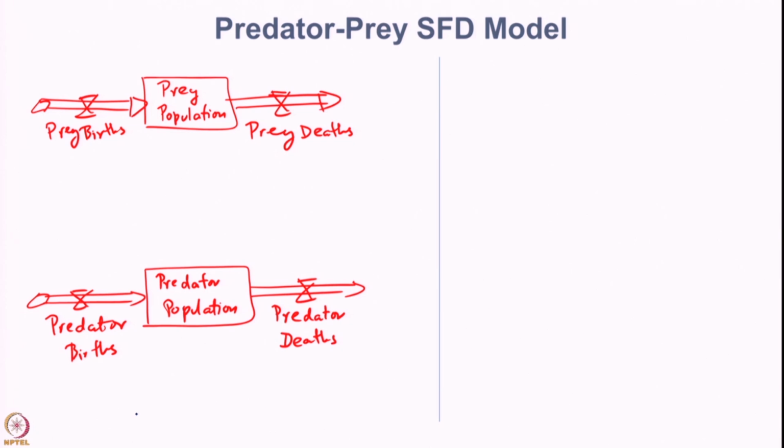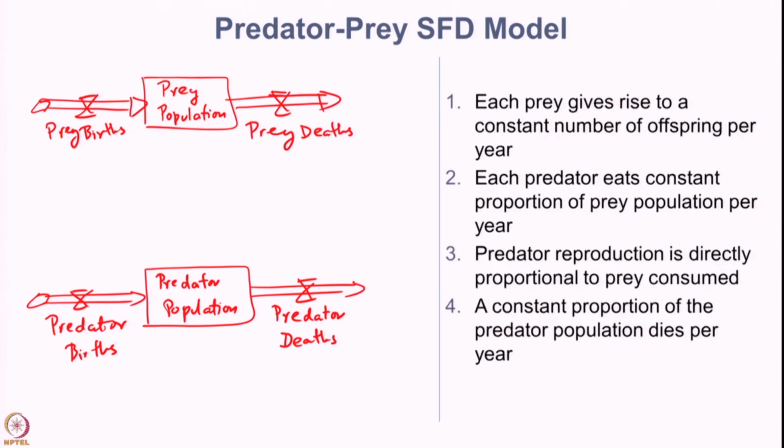Now, let us look at all the assumptions that we stated a couple of minutes ago. So, the first one, each prey gives rise to a constant number of offspring per year. So, this is taken care of.